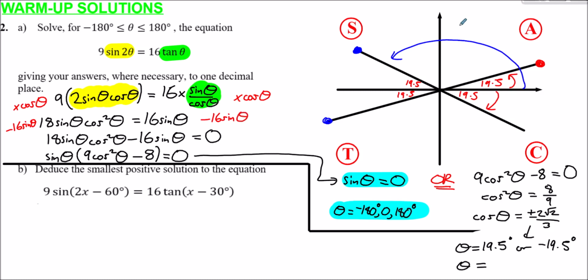So that way round is 160.5. I can't go to T going this way round, because that would be more than 180 degrees, which is outside of a range. So to get to this one, you have to go that way, which would be minus 160.5. So the two options where theta is plus 2√2/3 are those two, and where theta is negative 2√2/3, I've got 160.5 and minus 160.5.